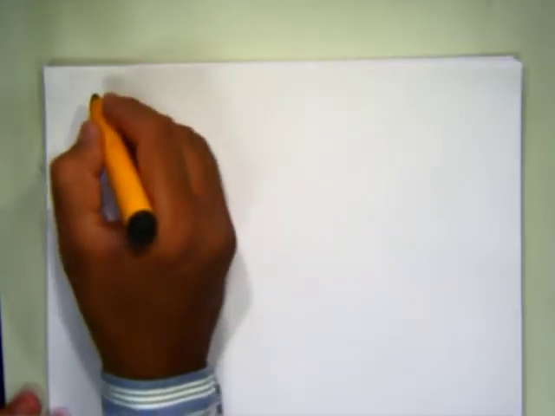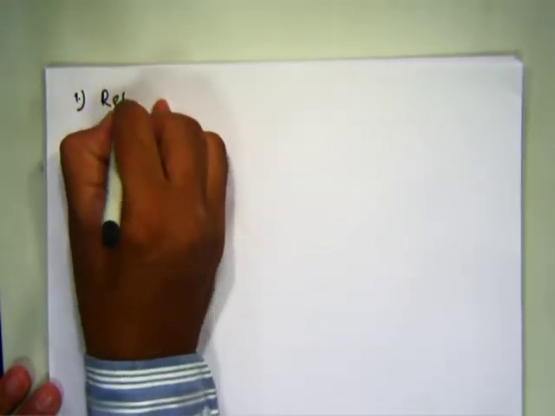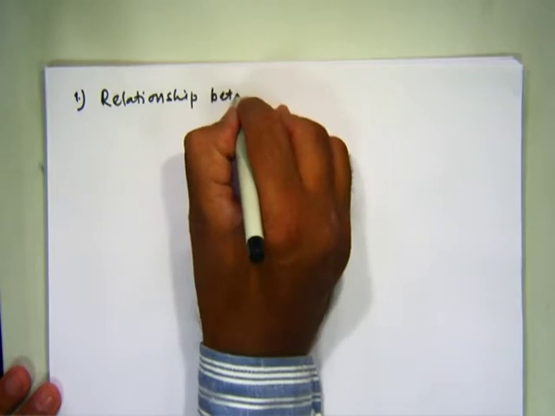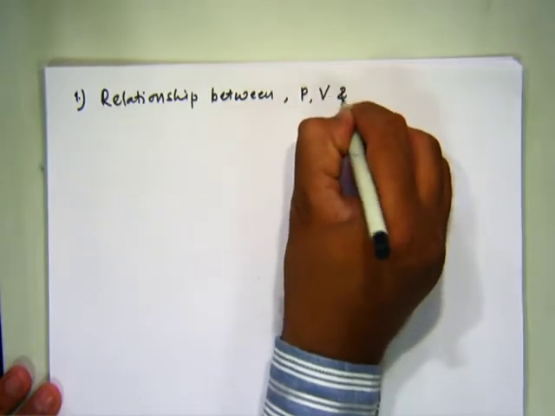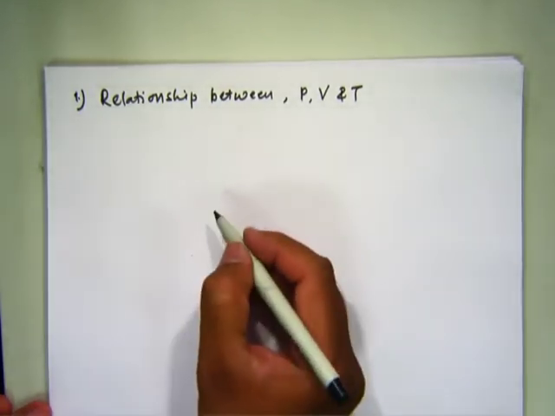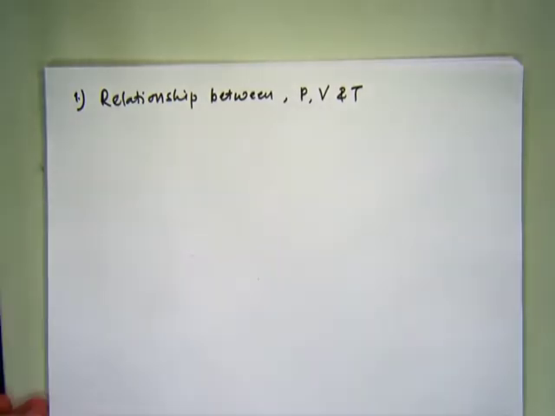Now, what we did in all the previous three processes, the relationship between P, V and T, here we are also interested in the relationship between P, V and T. Then we will see the work done, the change in internal energy, the change in enthalpy and the heat transfer, one by one.